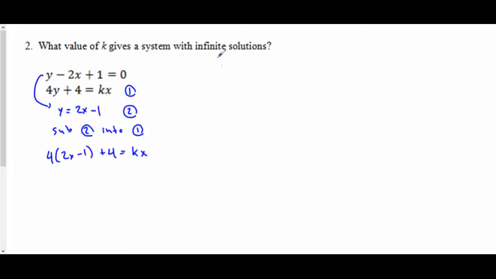Now, if I'm talking about infinite solutions, then we know I should end up with something like 0y equals 0. So let's expand this. I have 8x minus 4 plus 4 equals kx. And so I'll have 8x minus kx equals 0.